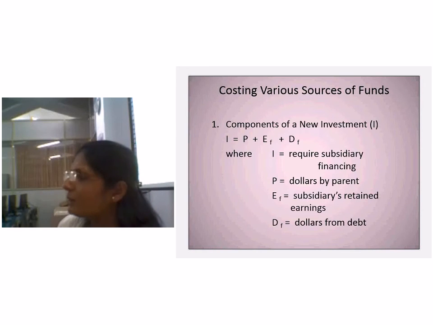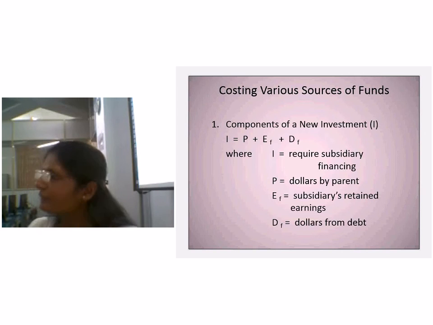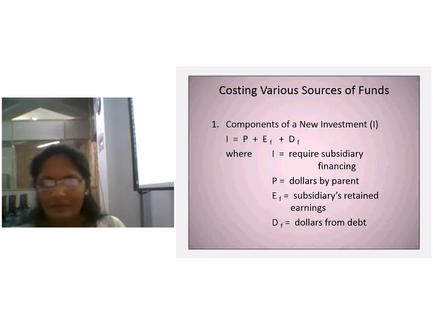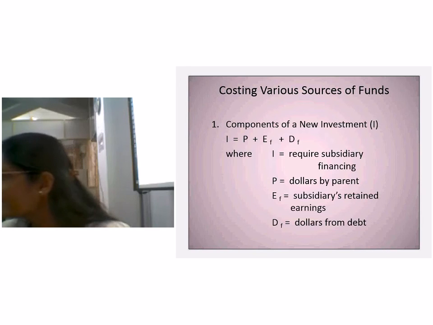Normally we know that companies use debt and equity capital. When it comes to international business, that debt capital would be given by the parent company, or they might have given enough authority to borrow money from the local market by the parent company.